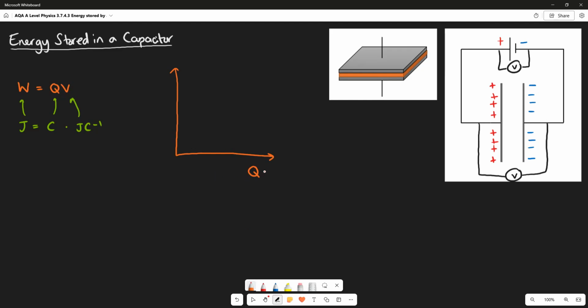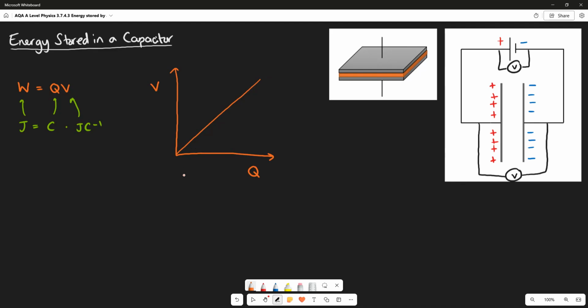So if we draw a graph of charge against voltage, it will produce a line like this. We can see here from this equation that the area beneath the graph would be the energy or the work done. The shape of this graph is a directly proportional linear relationship between voltage and charge.